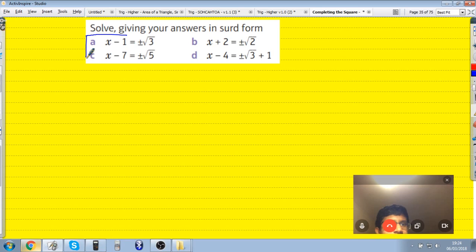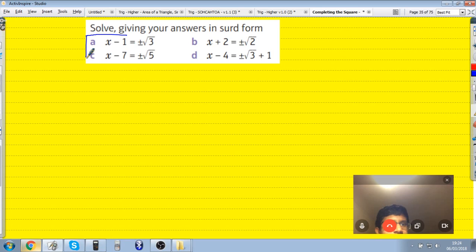Then x + 2 is ± root 3, and so x equals ± root 3 minus 2. That's it: −2 − root 3, or −2 + root 3. Got it. And that's an exact answer because it's in third form.